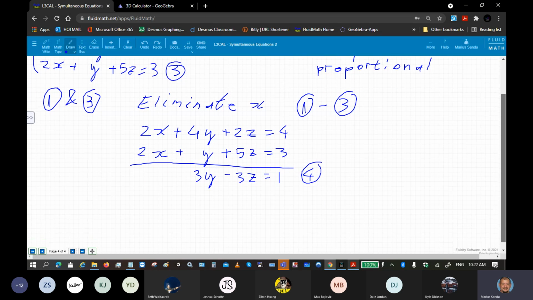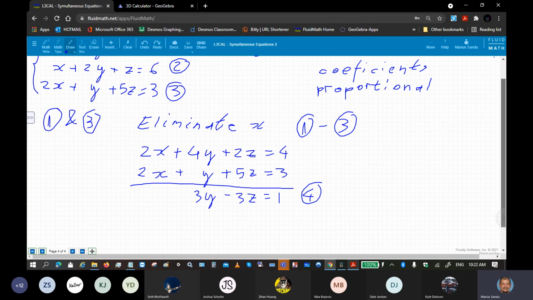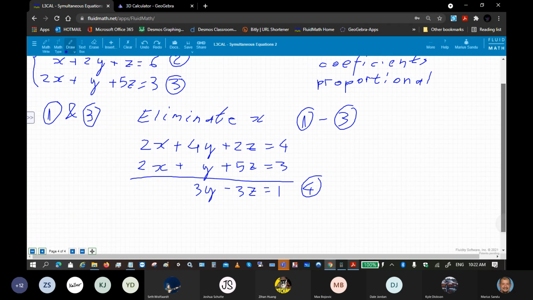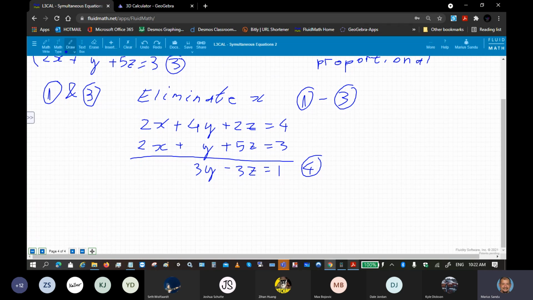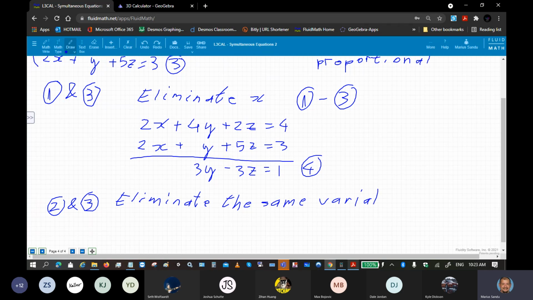And now I do 2 and 3. How do I eliminate the same variable, which is x?